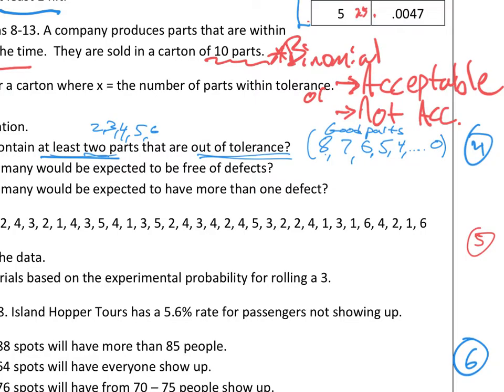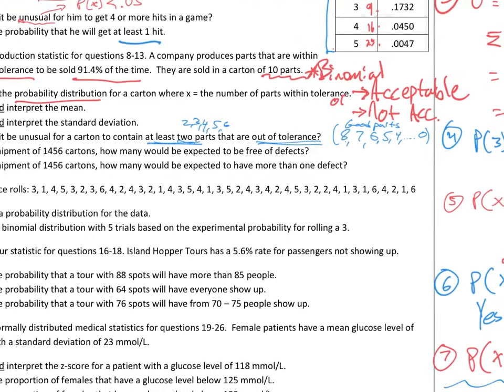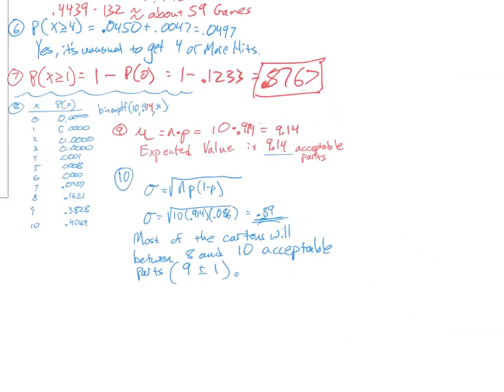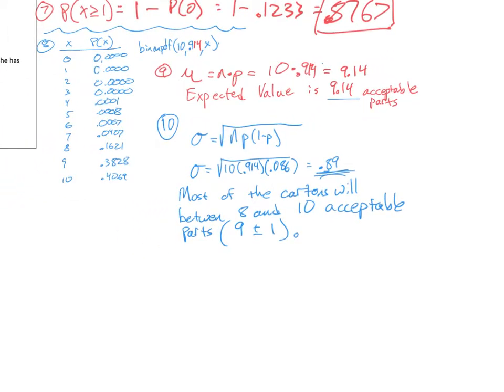So this question is asking, what's the likelihood that we have at least 2 bad parts? In other words, the number of good parts is from 0 to 8. How likely is that?